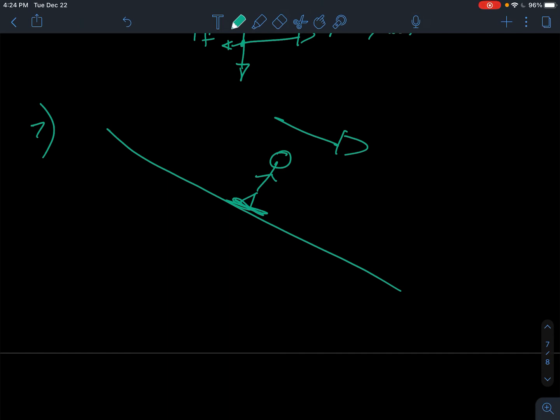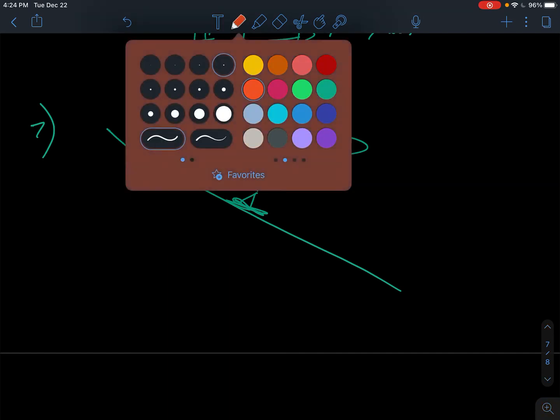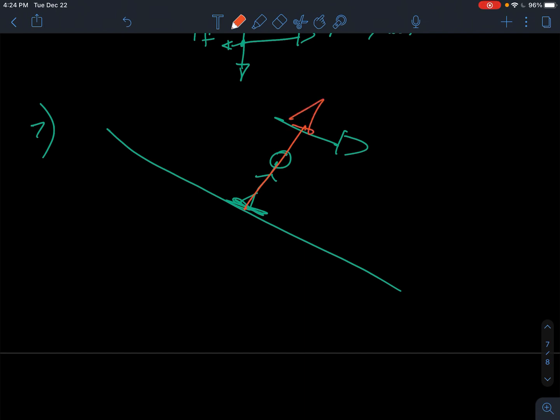And the normal force, which we know is perpendicular to the surface, is going to act that way in orange, and it's going to be less than the weight of the skier. That makes sense because the weight's going straight down, and we know a little bit about drawing components. So this is like FGY, FGX.